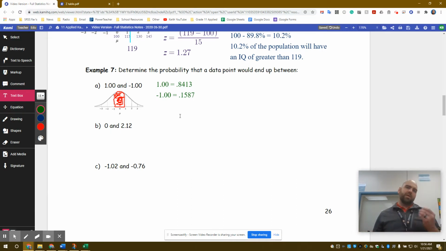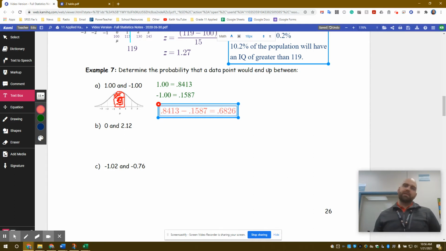So what we're going to do is take our high value minus our low value. So our high value, and that's in the probabilities here. We're going to do 0.8413 minus 0.1587. If we punch that into the calculator, we get 0.6826.